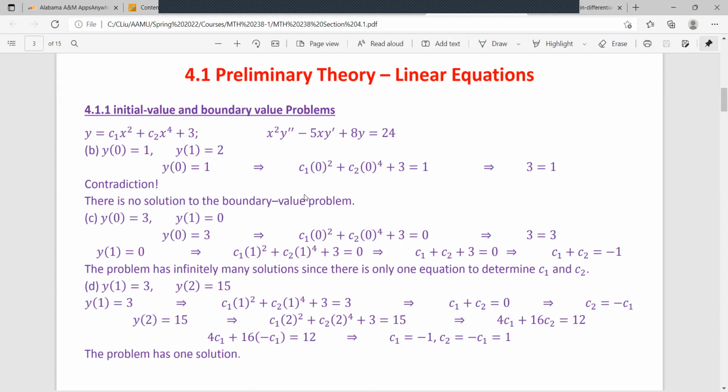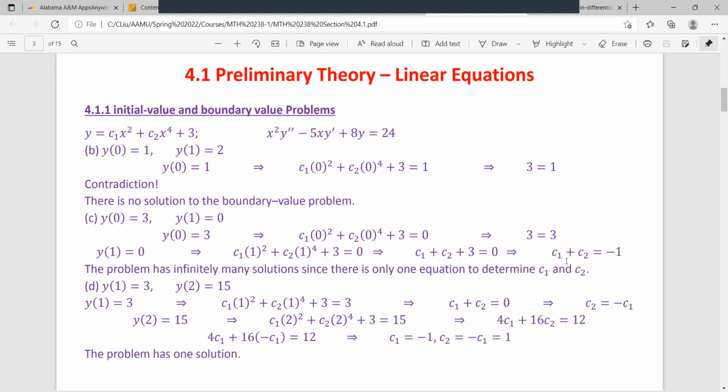So C1 and C2 in the solution y have to satisfy the condition that the sum has to be -3. But again, even with that constraint, you can still freely choose C1 and C2 in many different values, as long as the sum of C1 and C2 is -3, that will satisfy the boundary value problem.